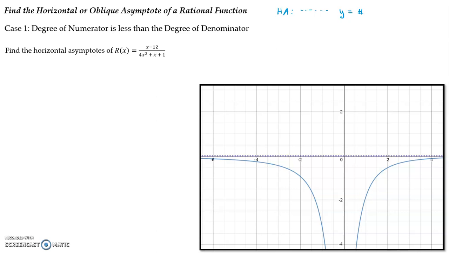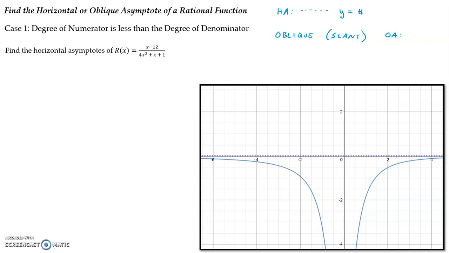The other type of asymptote that we have here is called the oblique asymptote. Your oblique asymptotes are also referred to as your slant asymptotes. I'm going to be abbreviating the oblique asymptotes as OA when I go to write them.